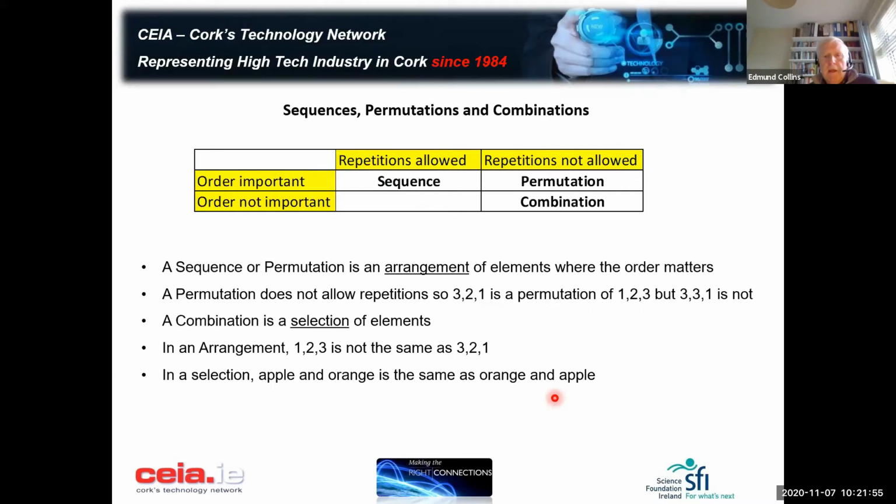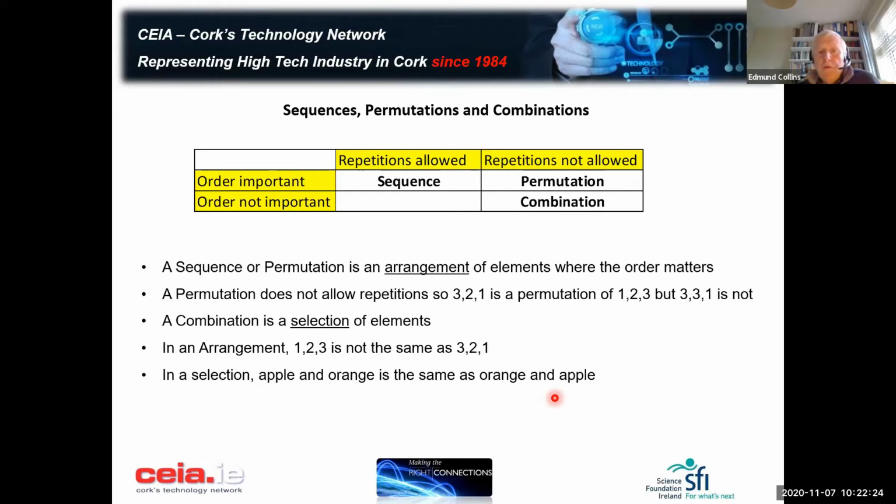So increasingly now, with the use of the internet, security is a key thing, and encryption of data and so on. So this topic is already a very important topic in mathematics, but will increasingly become important as people share more and more sensitive data, financial data, and so on.